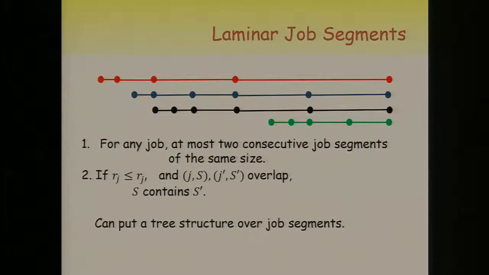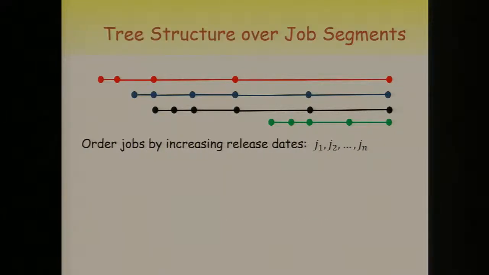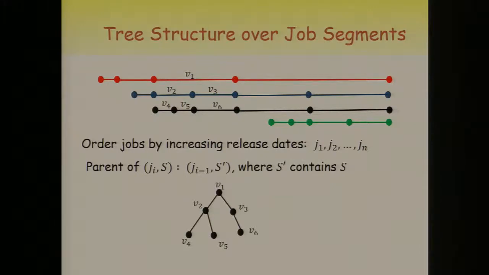Okay. So what I can do is look for the jobs I have defined these exponentially increasing segments, and because they are laminar, I can put a tree structure over them, right? So let's see why. Okay, so just to give you a feel for this, for each segment that I have defined, I will have a vertex, and if one segment contains another segment, I'll just make it a child of that.